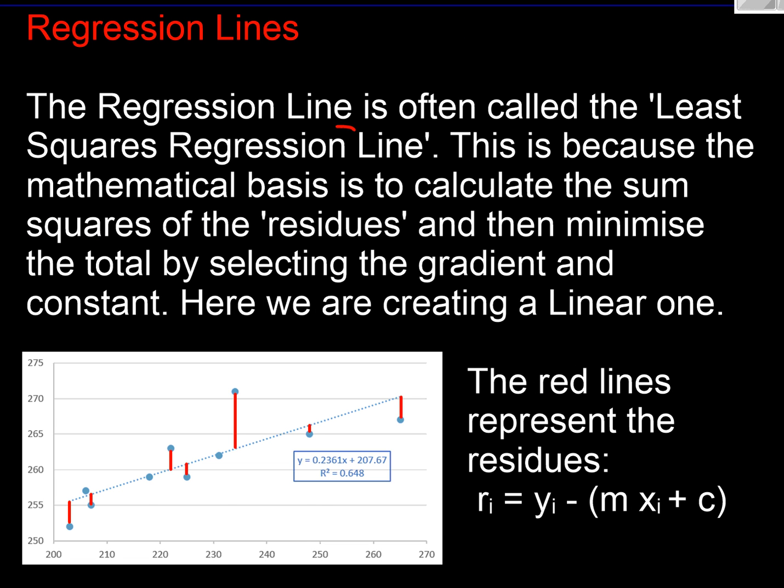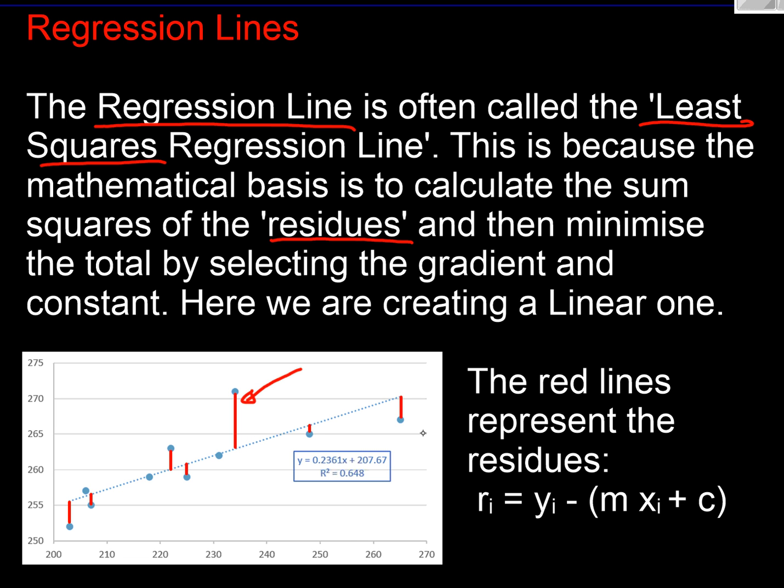Regression lines are often called least squares regression lines, and that's because what the maths does is it looks for the residuals. The residual is the distance of a particular point from our best fit line.